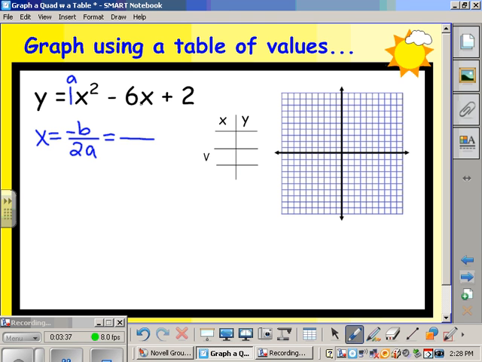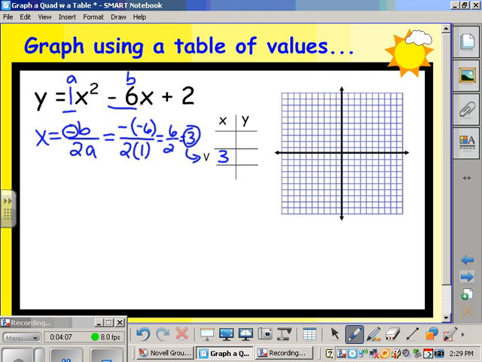So we know a is 1 and b is -6. So we're going to bring our negative over from our formula and replace the b with -6. In the denominator, we'll bring down our 1, so we have 2 times 1. If we simplify that, we'll have 6 over 2, which equals 3. And 3 is going to go in the middle of our table for the x value of our vertex.